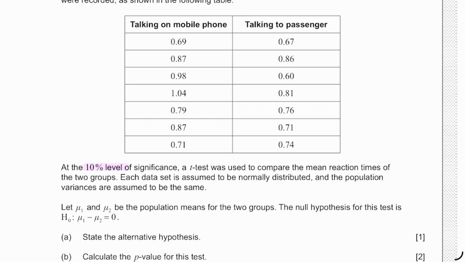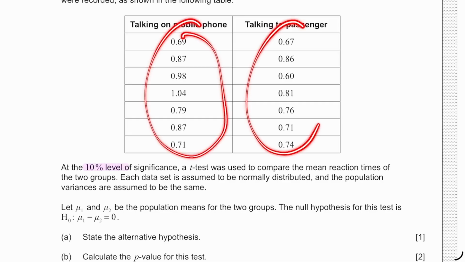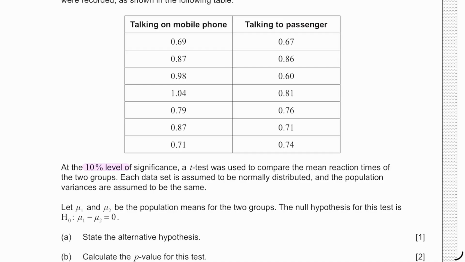So when we compare two groups, two samples, of course we're going to use a t-test, because a t-test is used to compare two groups, two samples, right? And the mean reaction time of this one, okay. Each data is assumed normally distributed. It should be normal distribution all the time.